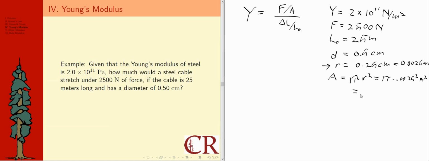I get a small-ish number of 1.96. We're probably working with 2 sig figs, so let me keep one more, 1.963, which is 1.963 times 10 to the minus 5 meters squared. So that's the number I got for that.